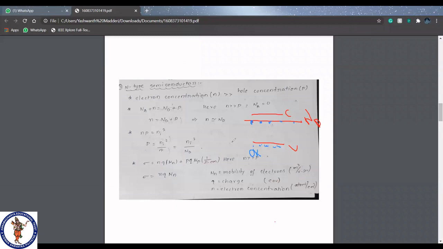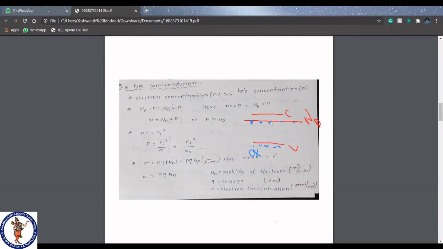The electrons are present here as well as here, and at 0 kelvins, the electron cannot move either from here to here or from here to here. There is no chance at all. There is no way to move, so there are 0 electrons present in the conduction band at 0 kelvins.